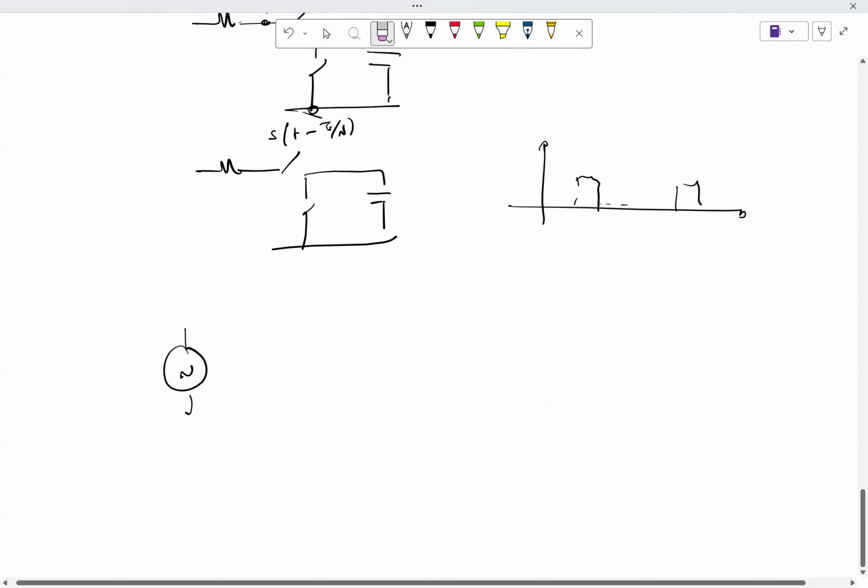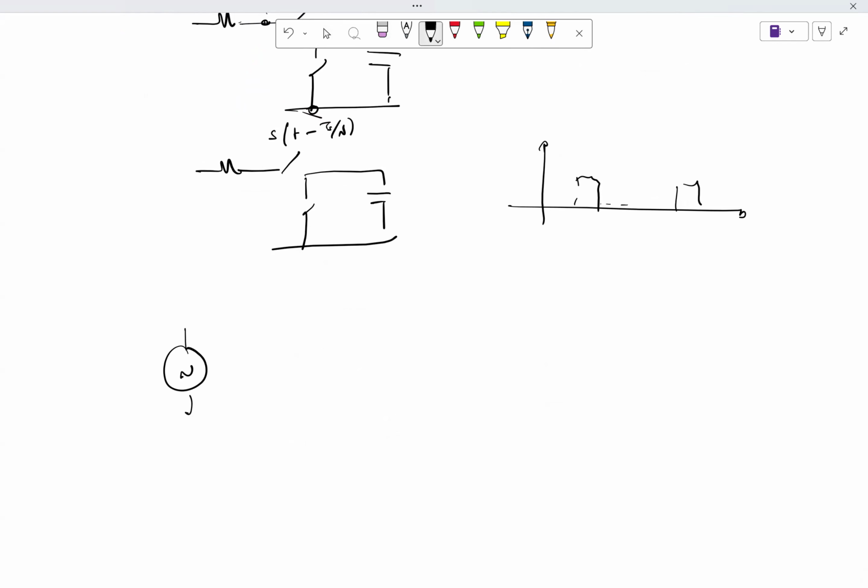Okay, so let me take one step at a time. So it is equivalent to saying I have this, and so on, and they are connected together.